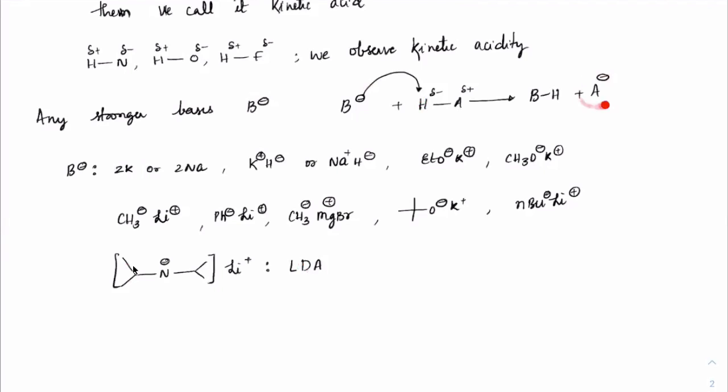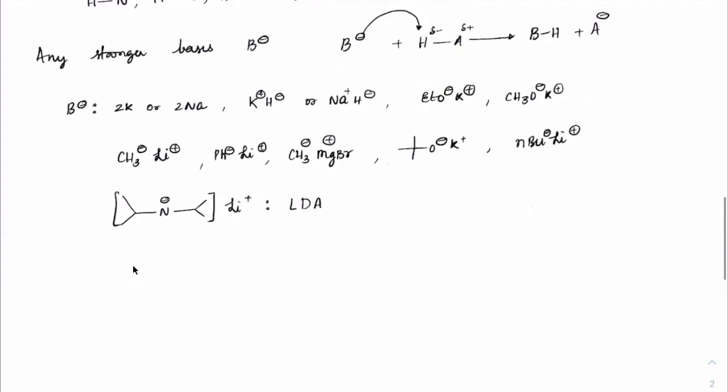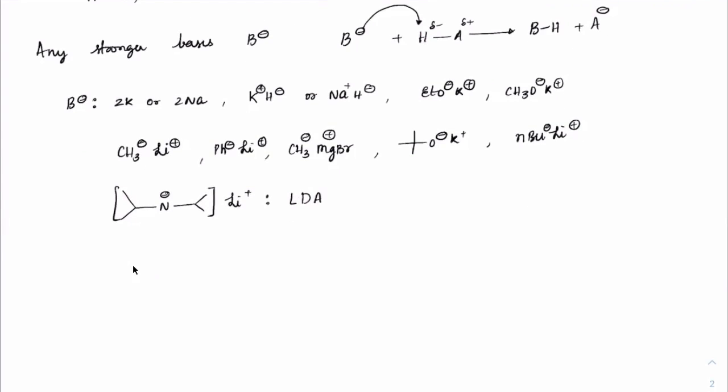Now, when we are looking at the stability, this is one way of looking at an acid, like we observe the kinetic acidity, which means we are only concerned about the electronegativity difference between hydrogen and the connected atom. Got it? Now, suppose we observe A minus stability, that is conjugate base stability.